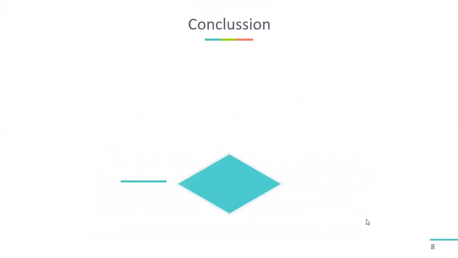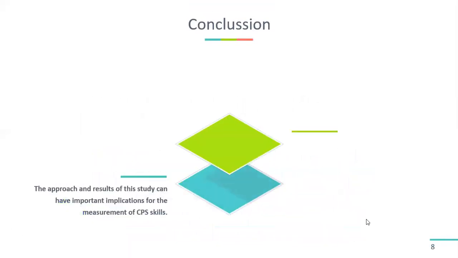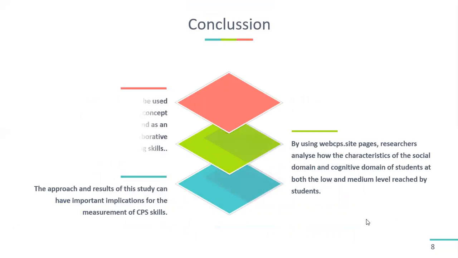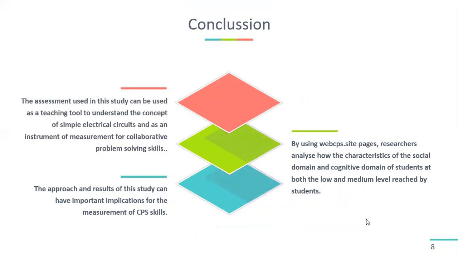So, it can be concluded that the approach and results of this study can have important implications for the measurement of CPS skills. By using the webcps.site page, researchers analyze the characteristics of the social domain and cognitive domain of students at both the low and medium levels reached by students.